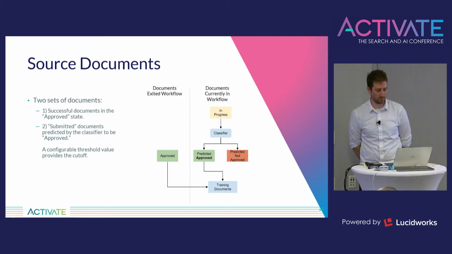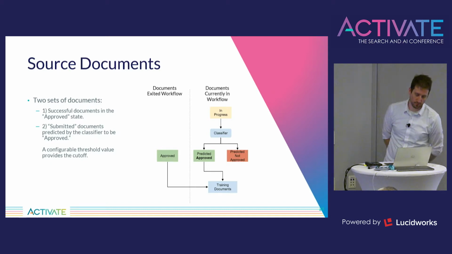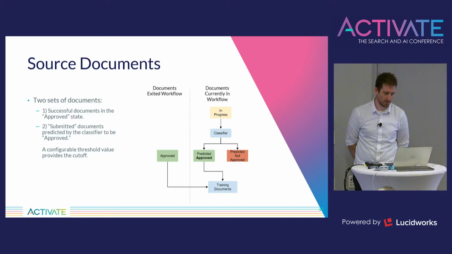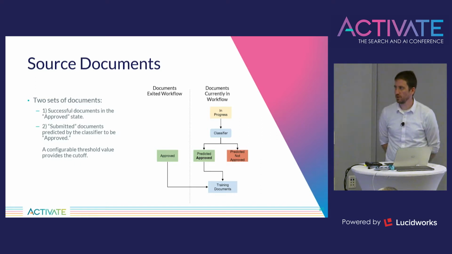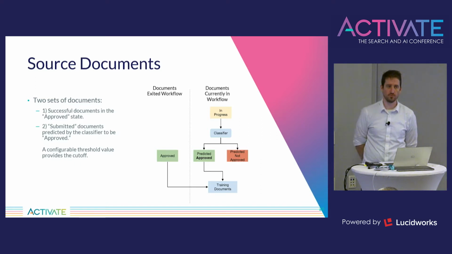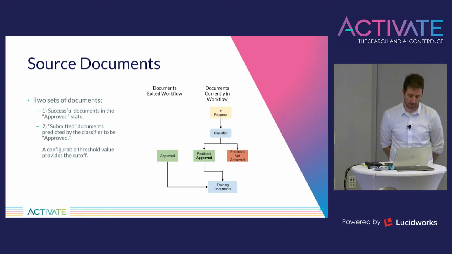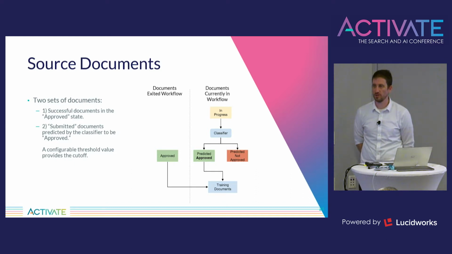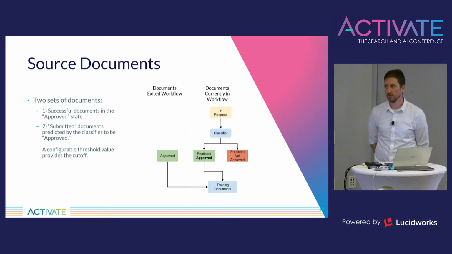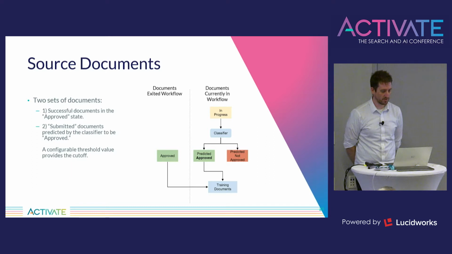So the source documents for training. We have two sets of documents in our training. We have the documents that have previously gone through the workflow in the approved state. And we also have documents that are currently in the submitted state that we predict to be approved. So there's a little bit of risk in bringing those in, but we think they're valuable.